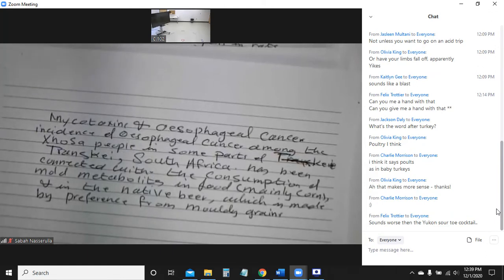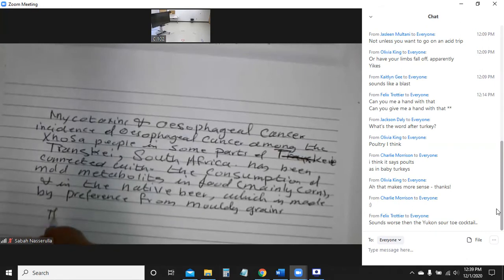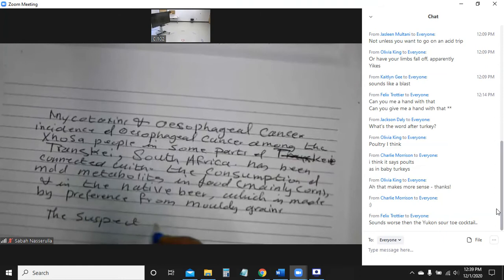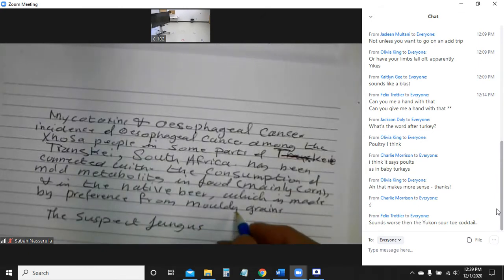So the suspected fungus also belongs to the fungi imperfecti. So the fungus is known as Fusarium.